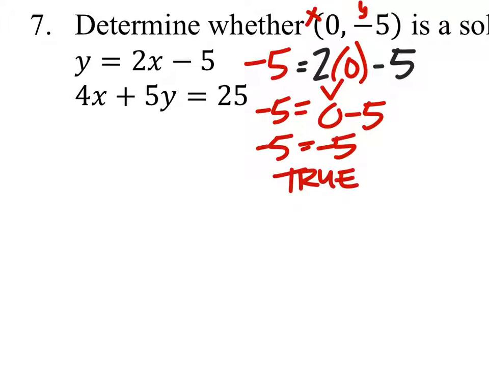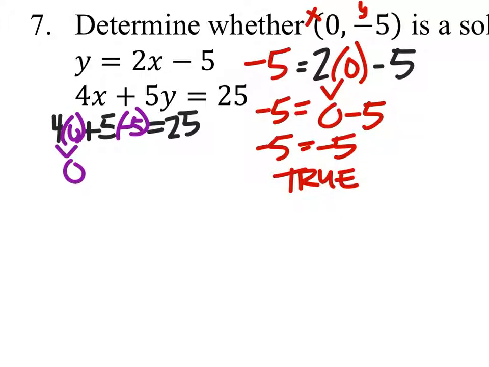But again, we need to check that other equation. 4x plus 5y equals 25. So I'll replace x and y. X is 0. Y is negative 5. 4 times 0 is 0, plus 5 times negative 5 is negative 25.